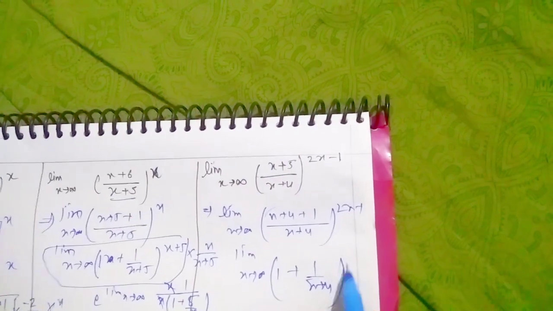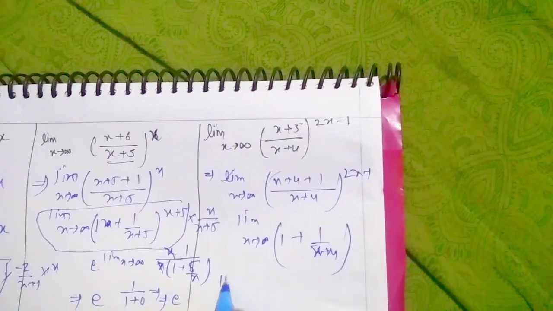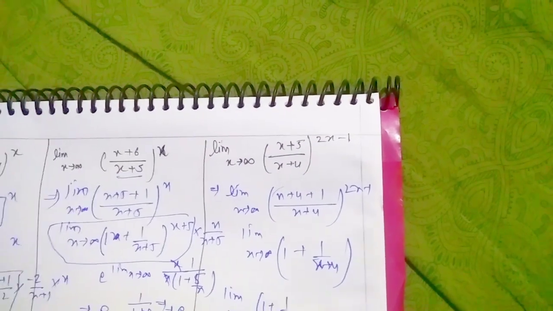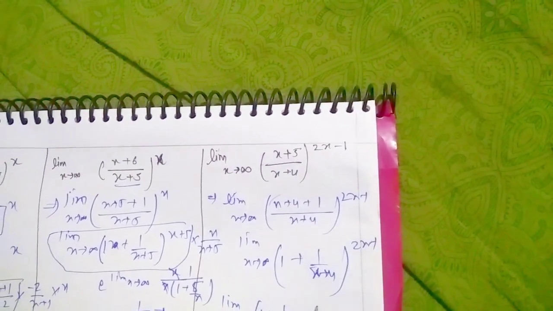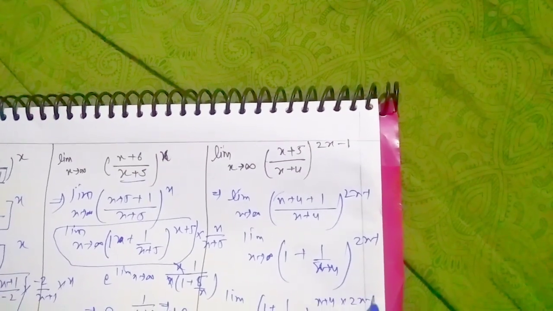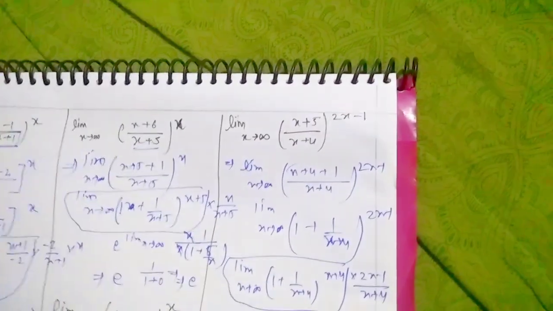We just have to make these things in here. Okay, so limit x tends to infinity, 1 plus 1 upon x plus 4 to the power 2x minus 1. Now we can write that x plus 4, and we can write that 2x minus 1 upon x plus 4. So the value of this number is gonna be e.